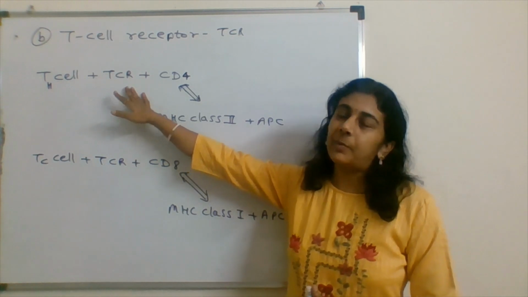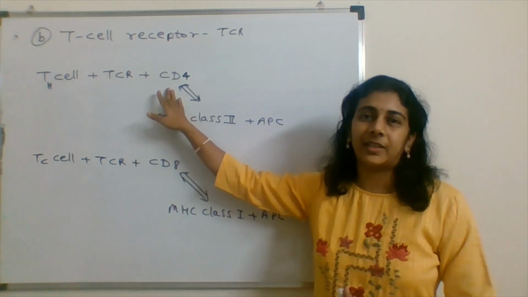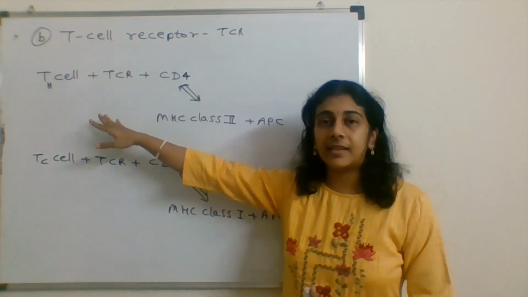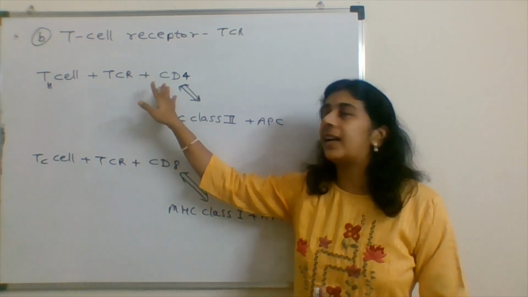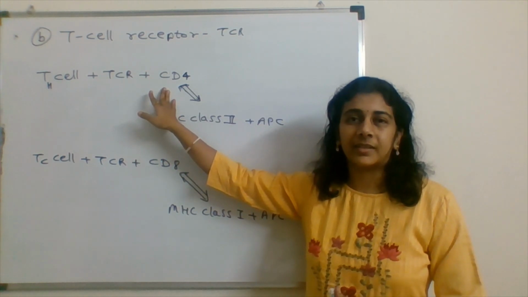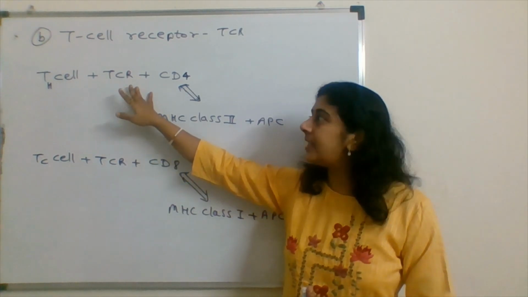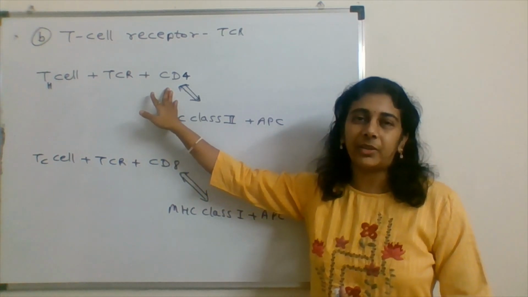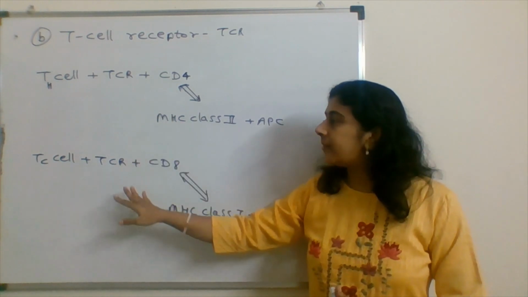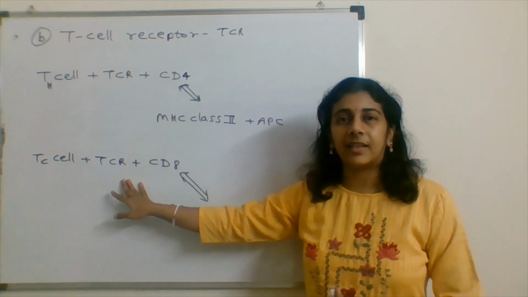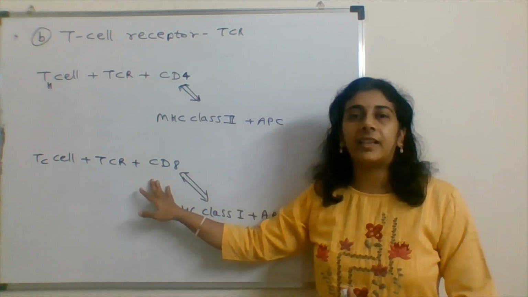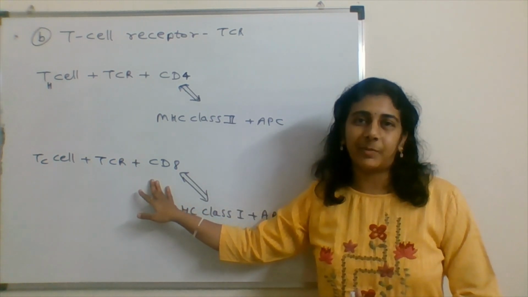TCR needs help of CD molecules along with them. So a T helper cell will have TCR and CD4 molecules on the membrane, and a T cytotoxic cell will have TCR and CD8 molecules on its membrane.